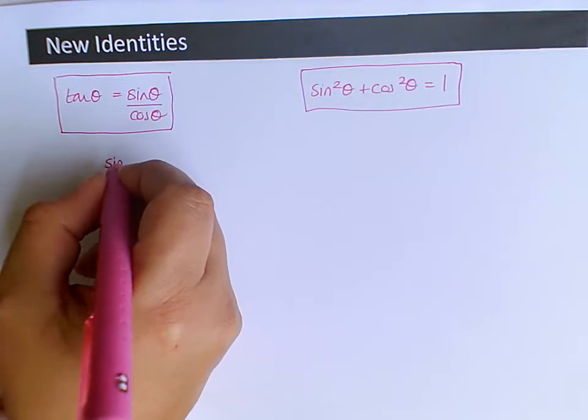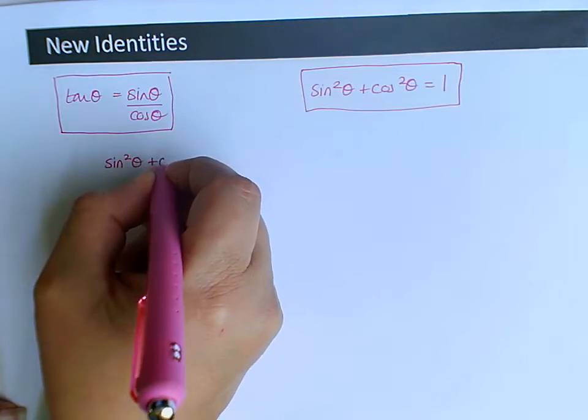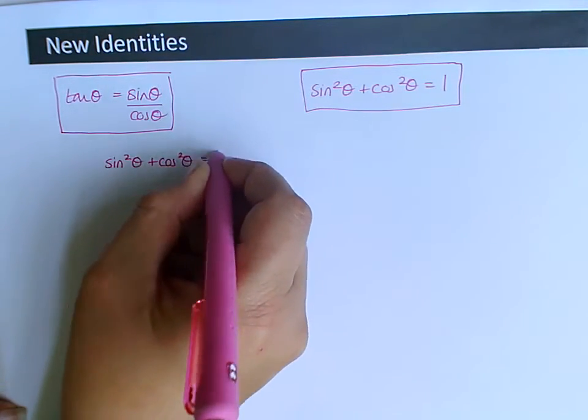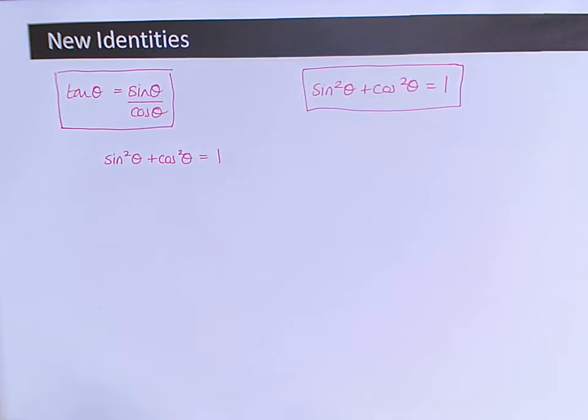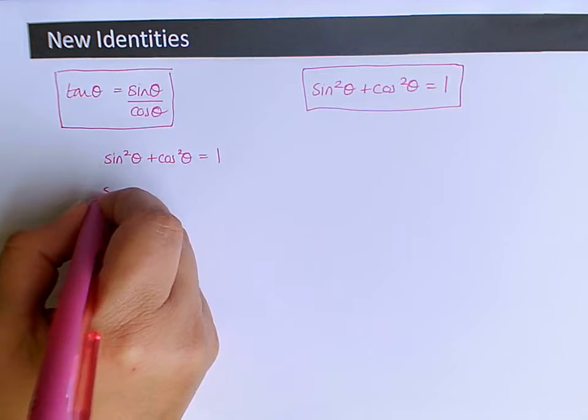So for the first one, I take sine squared theta plus cos squared theta equals 1, and I'm going to divide every term by cos squared theta. So here we go.